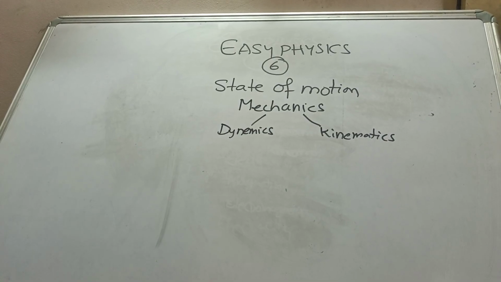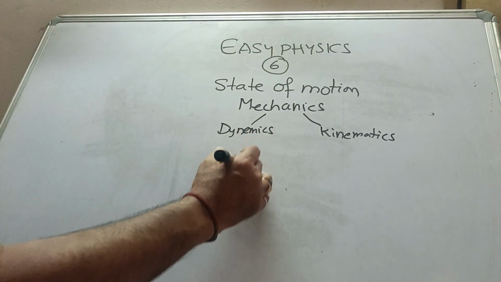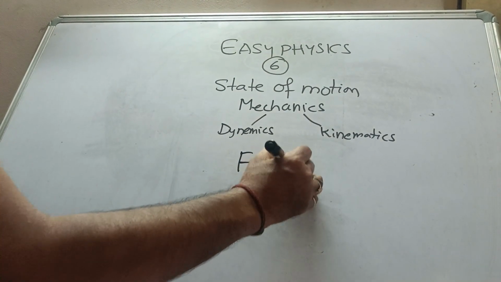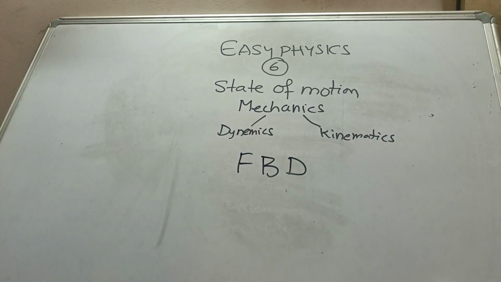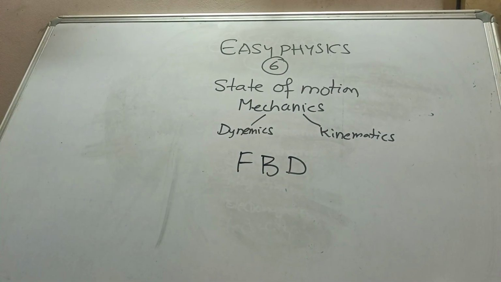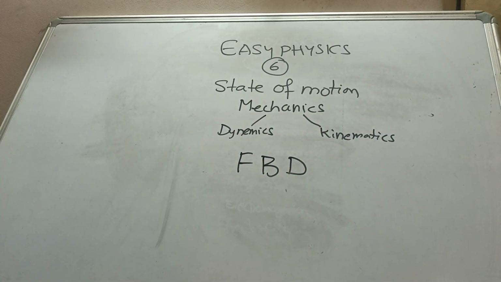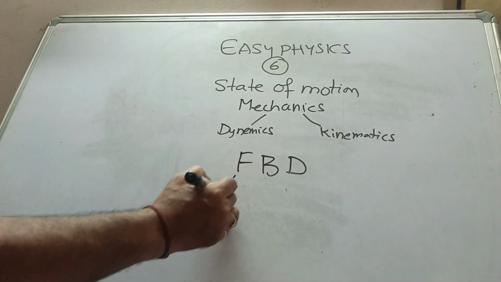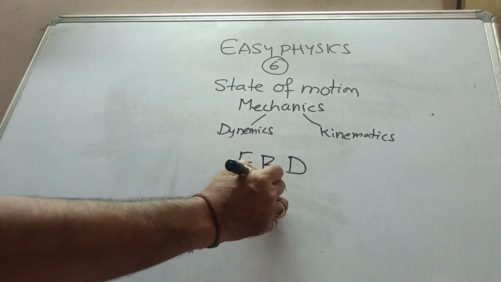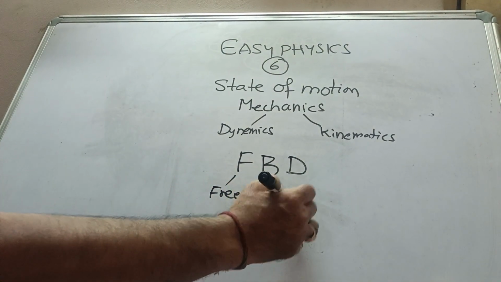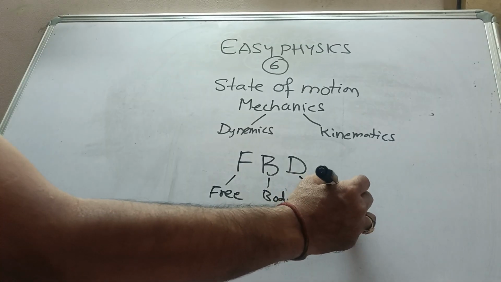Now I would like to explain a very important concept in these things, which is FBD. FBD is nothing but free body diagram. F stands for free, B stands for body, D stands for diagram.